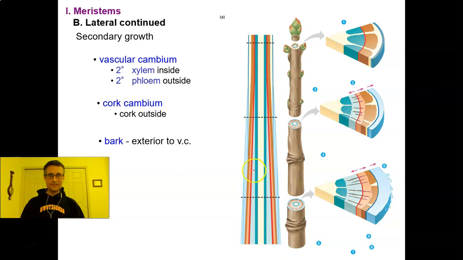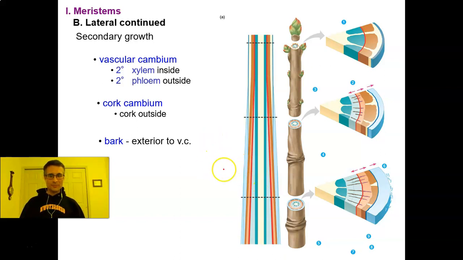As more time passes and we get to another year, we still haven't lost our primary xylem or any of our layers of secondary xylem, but now we're adding more layers of secondary xylem and more layers of secondary phloem to the outside. More secondary xylem, more secondary phloem, and the girth of our branch is expanding.